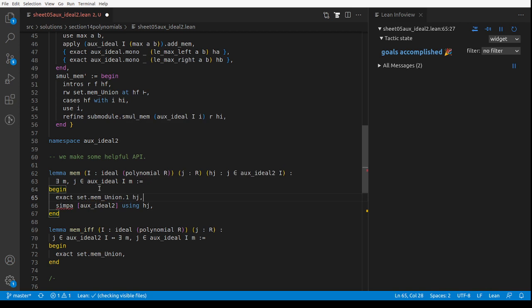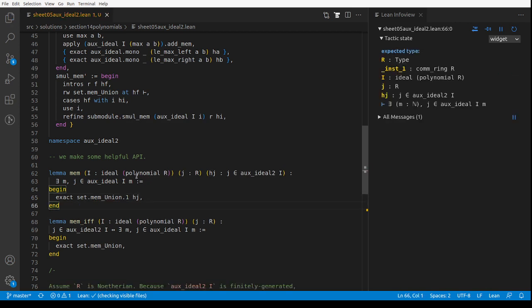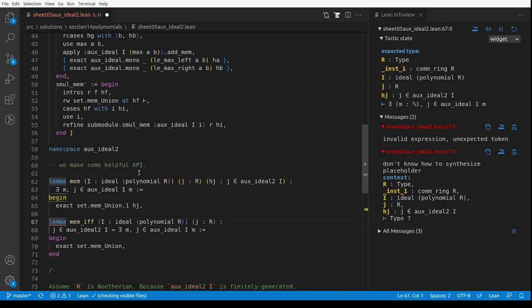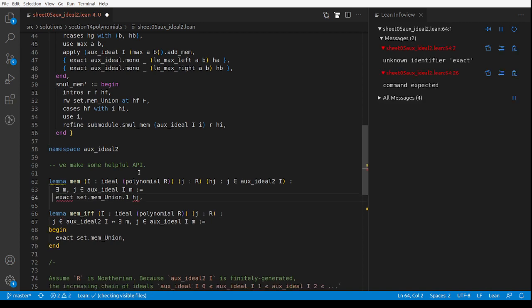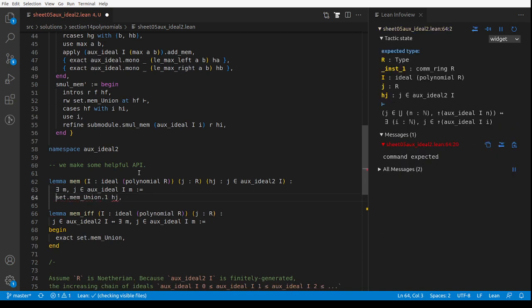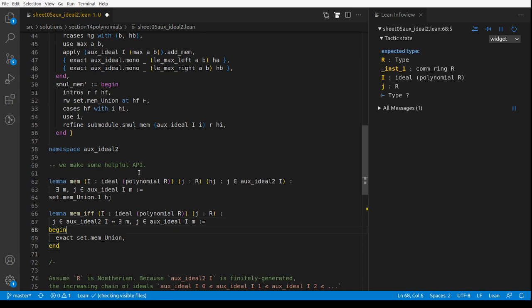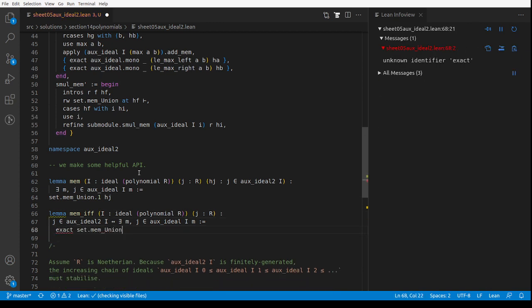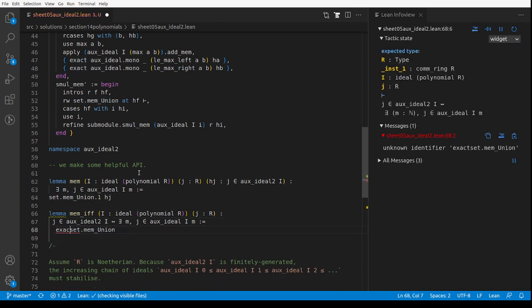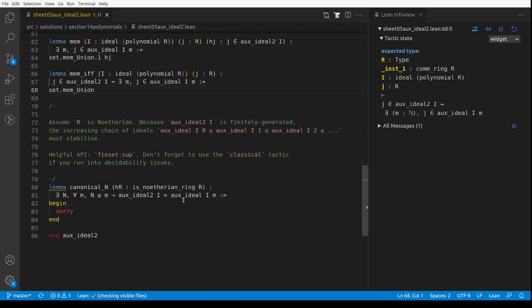HJ. Yeah, there we go. So these are essentially term mode proofs, really, aren't they? That one's that, and that one is just this. So that will be useful for later. In fact, they might be useful for now.